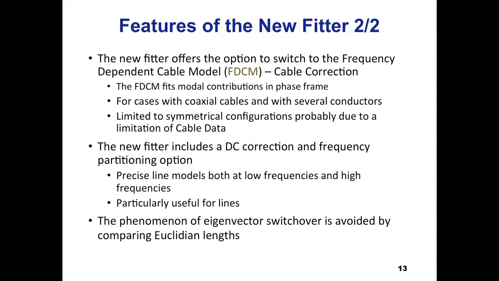And we also apply a frequency-dependent cable model. This is called cable correction in the new model. So for cases with coaxial cables and several conductors, this is a very good solution. Because if you have several conductors, the universal line model considers all model contributions in the same mathematical equation.